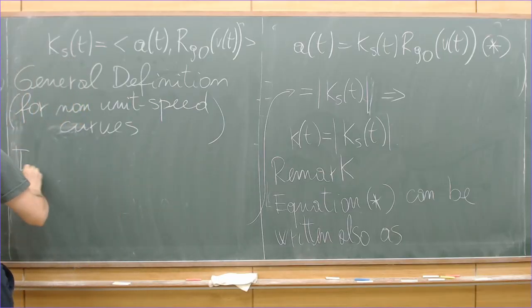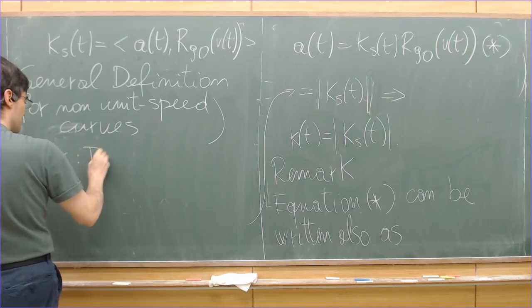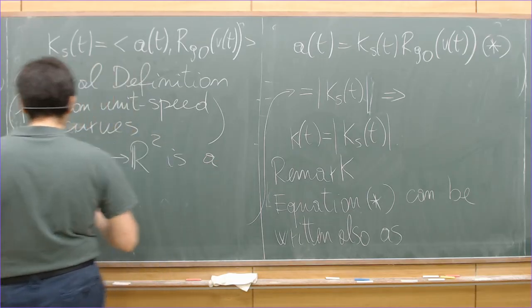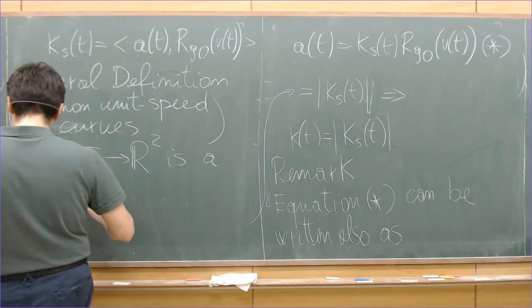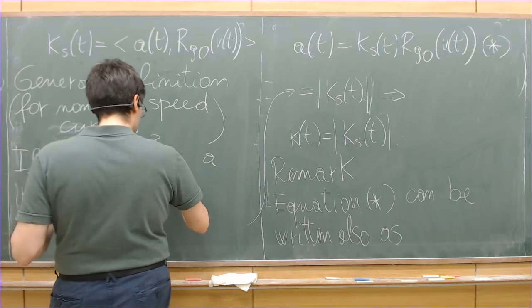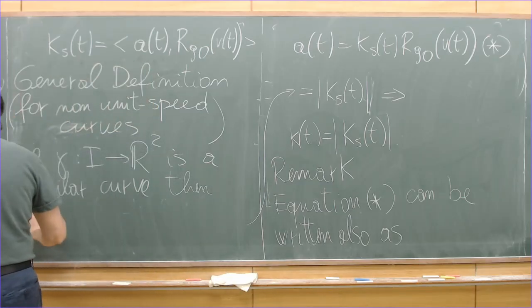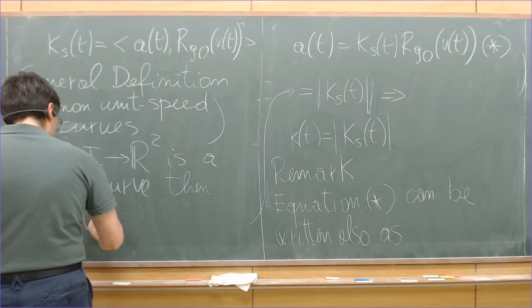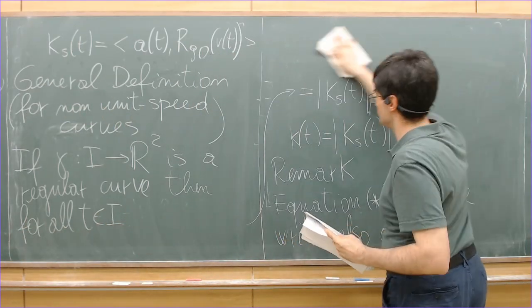So if gamma is a regular curve, then for all t in I we have the following formula.